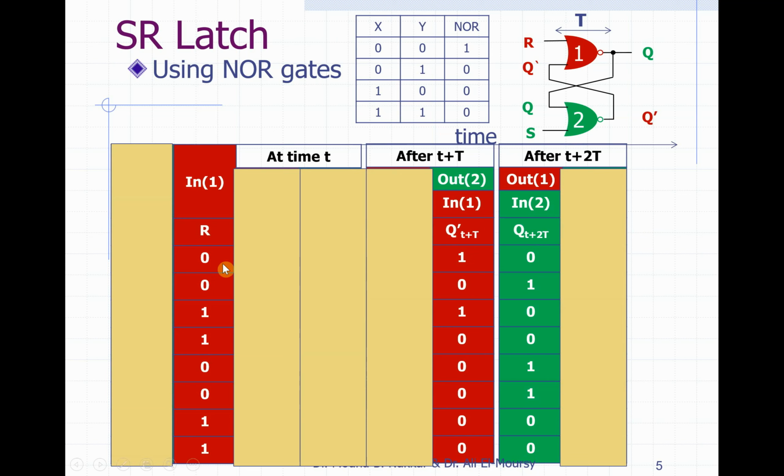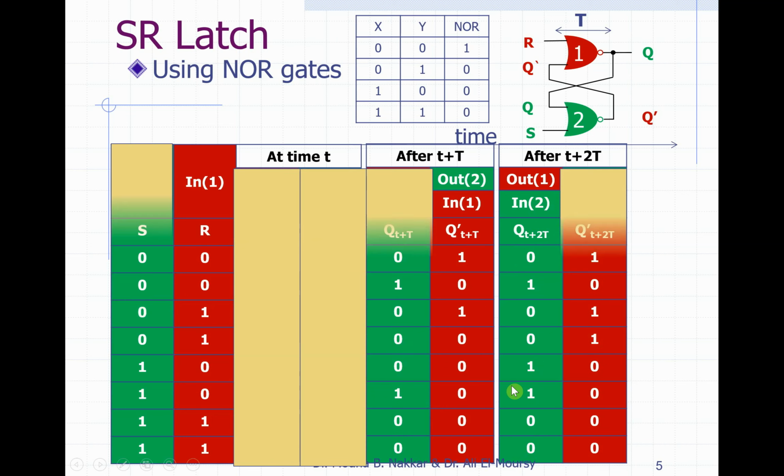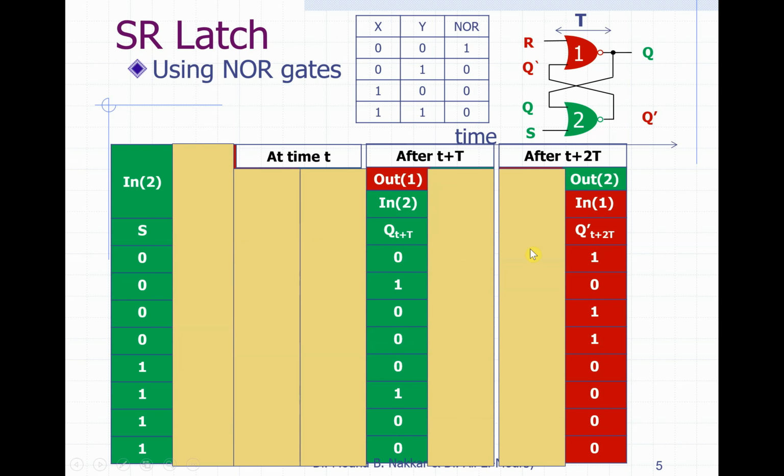Through the NOR we know 0 NOR 1 is 0, 0 NOR 0 is 1, and we can drive a new column for Q at 2 tau from the S R and the Q bar at tau. So we drive this column for Q at T plus 2 tau. Similarly, we can drive the column for Q bar at T plus 2 tau, again using the NOR functionality.